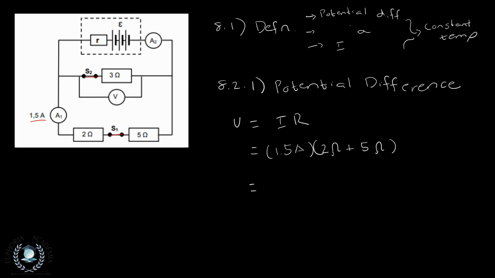So we have 1.5 amps multiplied by 7 ohms, and we're going to find that we have a voltage of 10.5 volts, and this is going to be read by the voltmeter V.